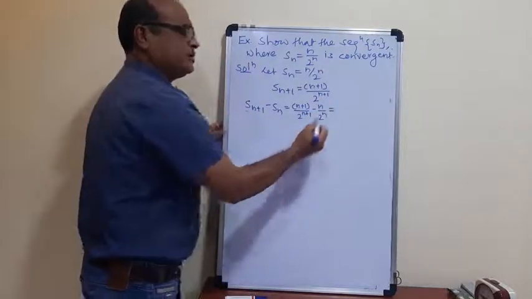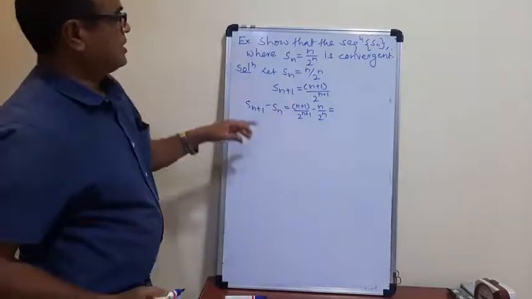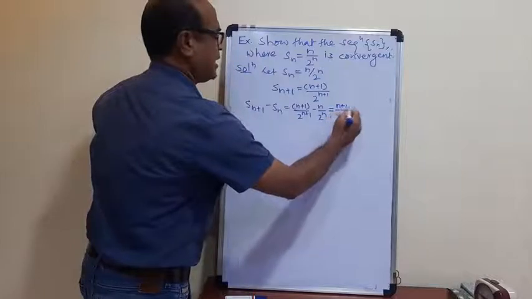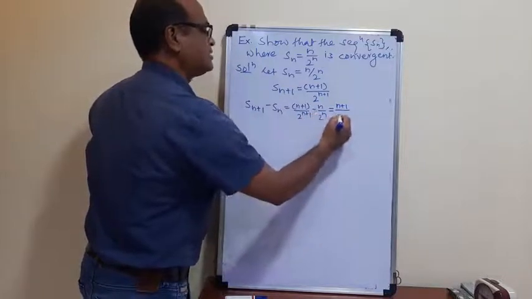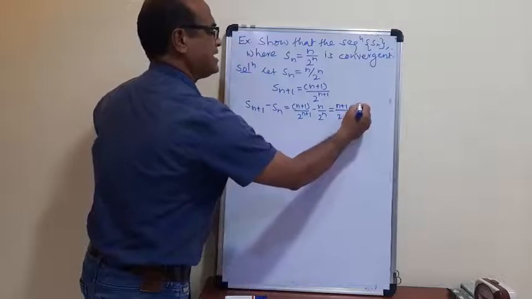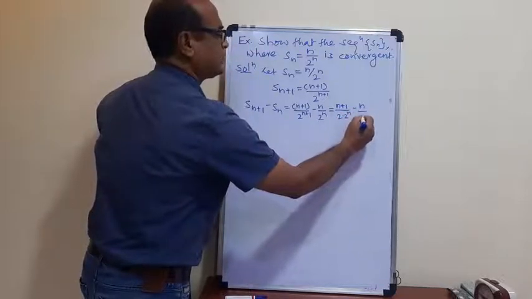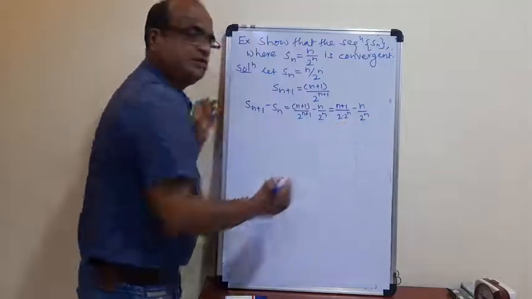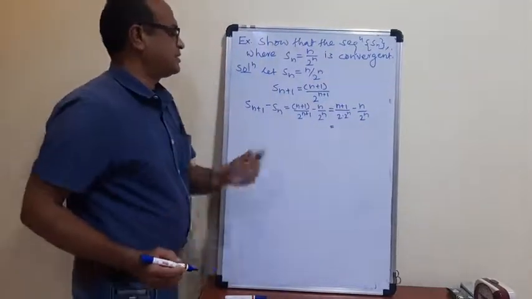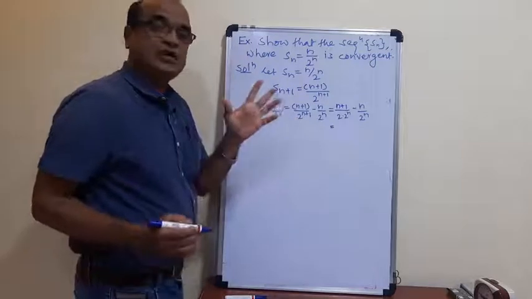So this is equal to what? That is n plus 1 divided by 2 raised to n plus 1, minus n upon 2 raised to n, which is 2 into n divided by 2 raised to n plus 1.